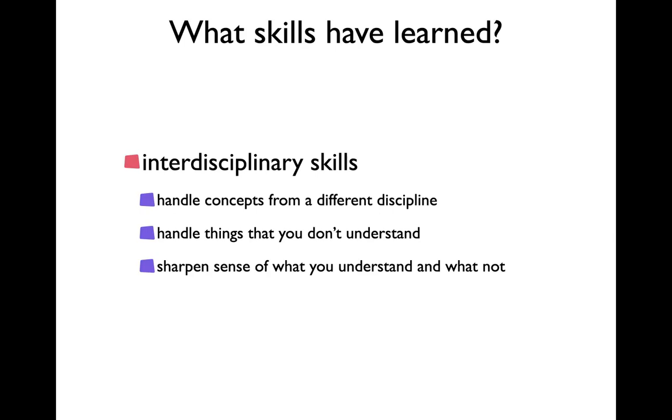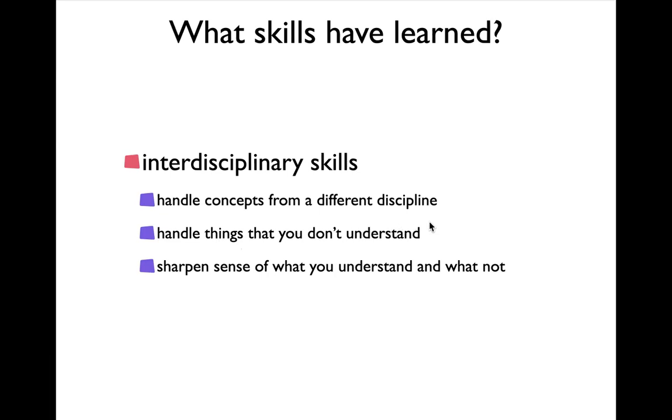That's an important skill because pretty much all intellectual work, including most professional work, is in contexts like that, where, let's say, an accountant and a marketing person and an engineer and some kind of logistics person all interact. And that means you always have to handle stuff that you don't fully understand.